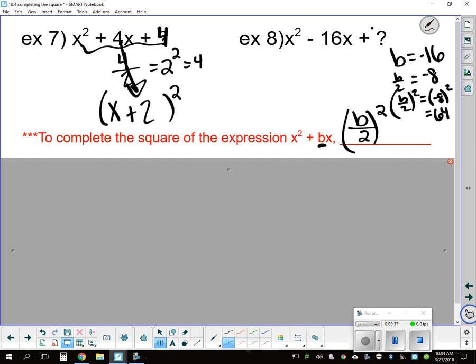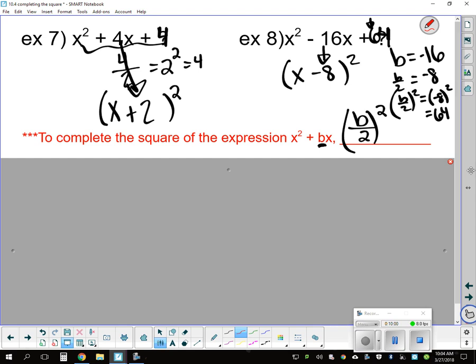So the number you need to add is 64. Then write it as the perfect square. So here this number completes the square, and then we write it as the perfect square. And that is always just going to be your x, and then half of this number, so -8. And you can always check these by multiplying it back out.